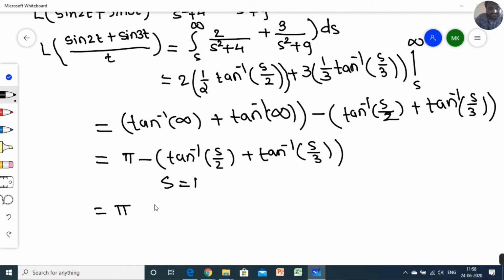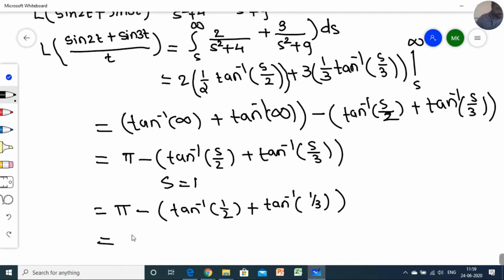Don't use degrees, because in degrees you will get a different result, and mathematics always accepts the result in radians. So please use the radians concept. So tan inverse of 1 by 2 plus tan inverse of 1 by 3. Please solve and tell me what you get.